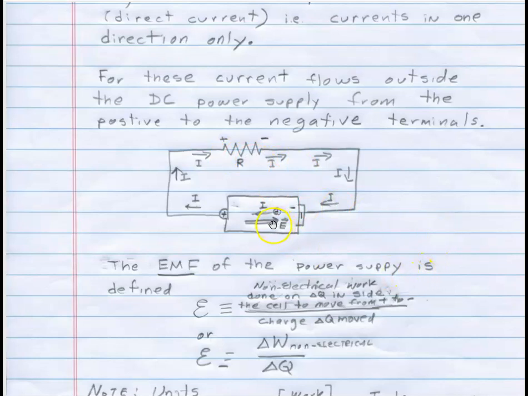Inside the battery, something different happens. If you look at the current outside the battery, the charges actually move from high potential down to low potential. But inside the battery, the current has to flow through the cell. Here, we're picking up some positive charge. There's a little piece of positive charge at this end, and it has to be moved across to get back over to here.